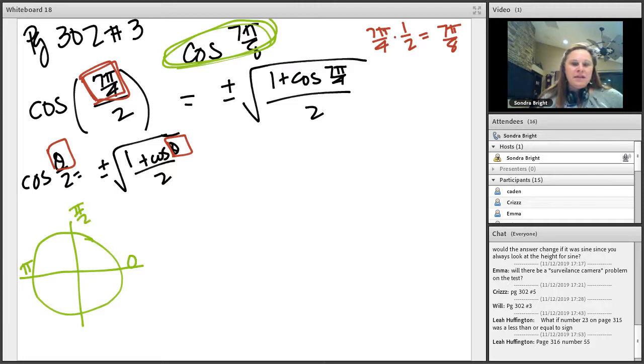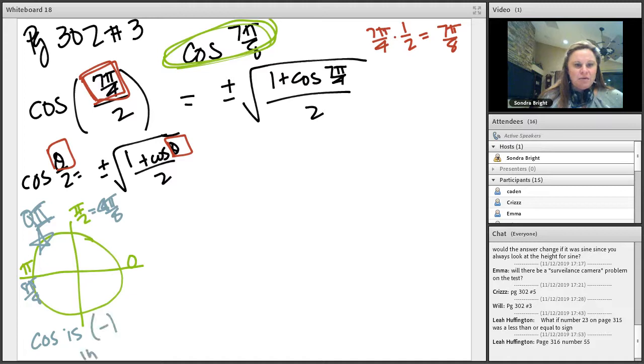If I'm comparing to over 8, then this is 8 pi over 8, and this would be 4 pi over 8. So 7 pi over 8 is somewhere in quadrant 2, because it's between 4 pi over 8 and 8 pi over 8, and cosine is negative in quadrant 2. So we're going to choose the negative version of this.